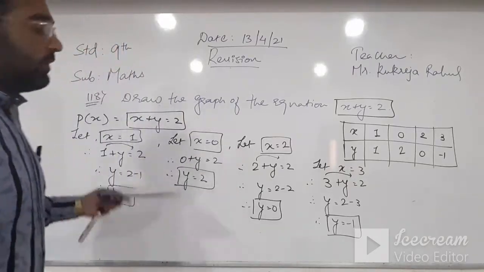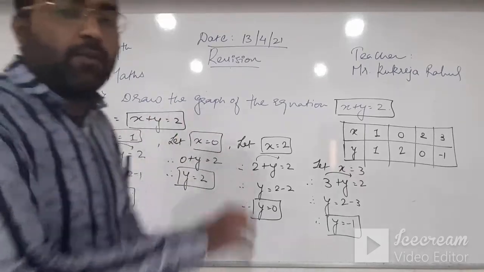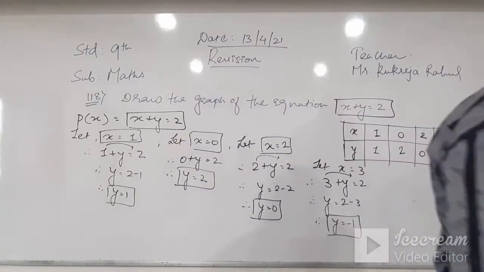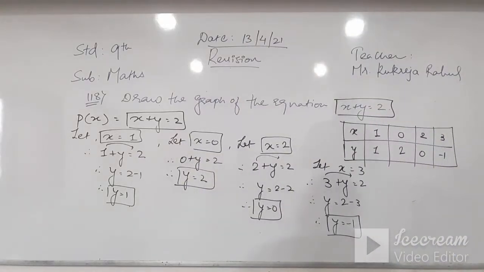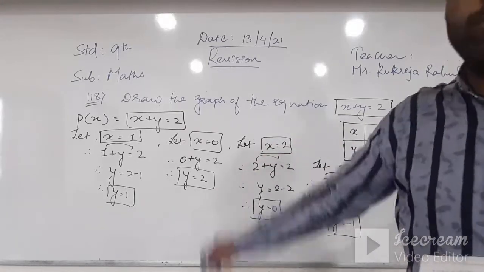Now first of all note down all this, then we will move on to the graph, to how to draw the graph of all these coordinates. Okay, note down the question and the answer of the question x plus y is equal to 2.